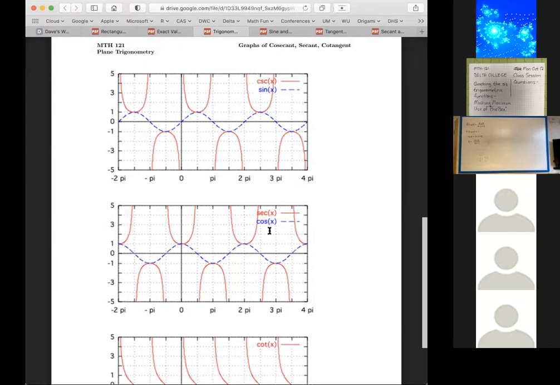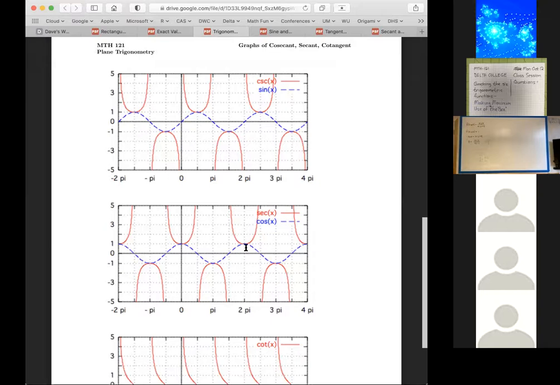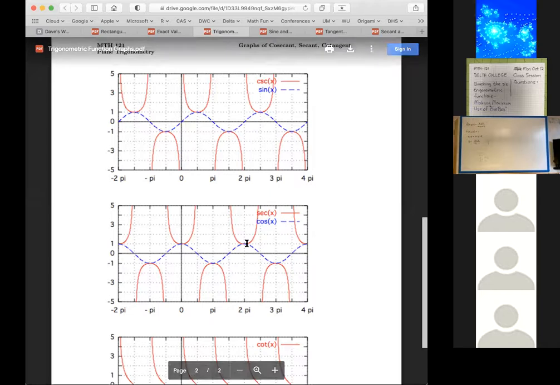Secant belongs to cosine. It's the reciprocal of cosine. So secant is built on top of cosine, like cosecant was built on top of sine. So you could think of sine and cosine as this dotted blue frame that you're building cosecant and secant on.